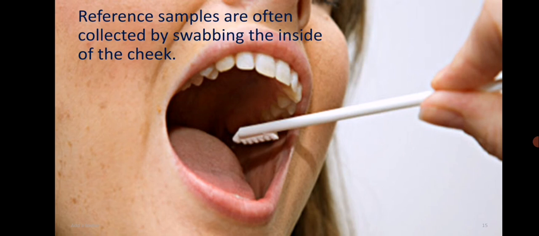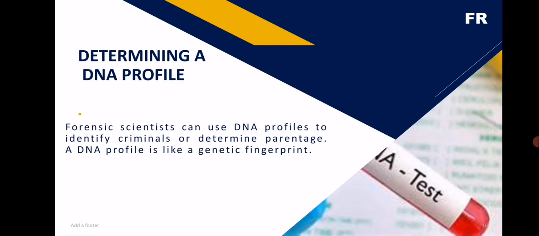However, there is an evolving area of law, and states vary in their laws governing the collection of DNA from arrestees. Sometimes a court order is required to retrieve a reference from the person of interest. Reference samples are always collected from the victim unless they choose not to cooperate with the investigation. In that case, a court order might be required. Reference samples are often collected by swabbing the inside of the cheek.